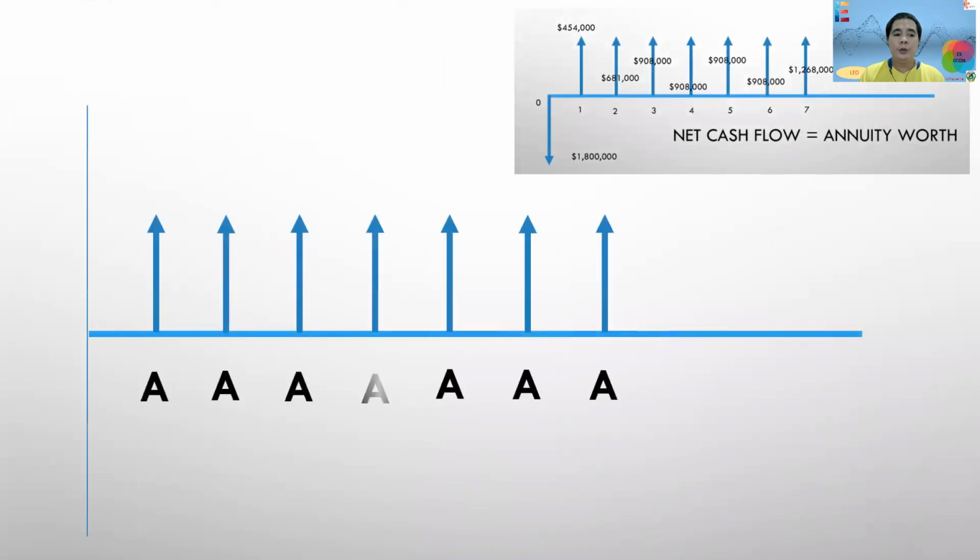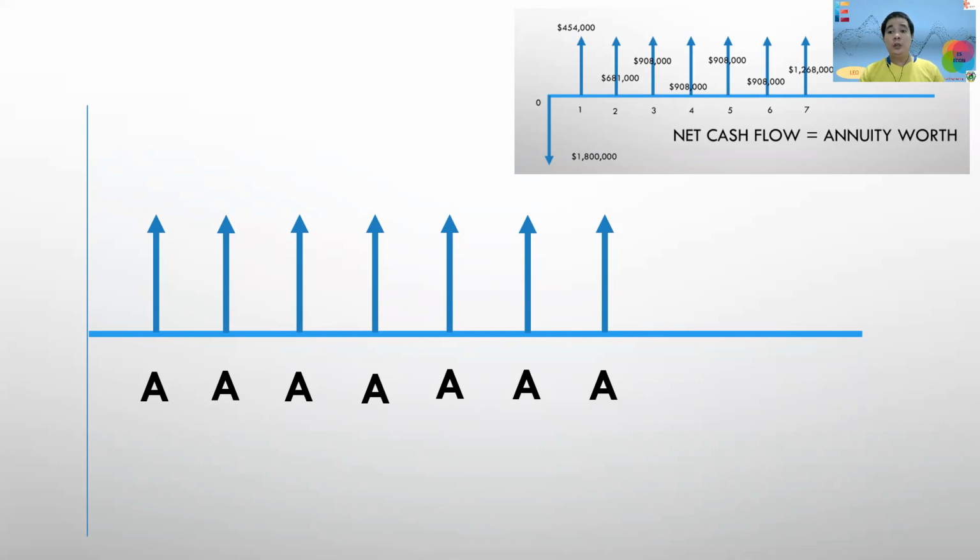Proceedingly, you'll have to compute for your annuity. All of those cash flows, the cash in minus the cash out, should be converted into an annuity. When it comes to this type of problem, the annuity we considered is an ordinary annuity equation.